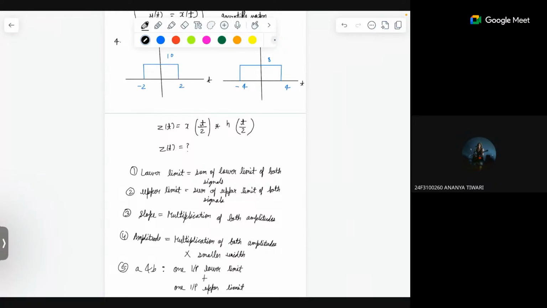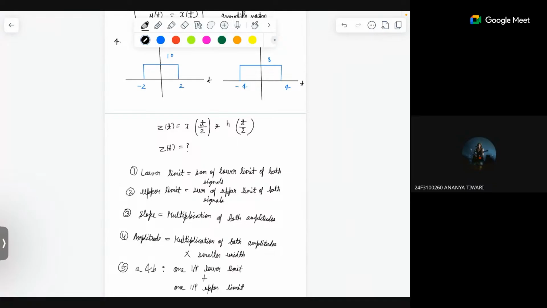For the second part, you have to tell me the number of discontinuities in z of t. It will be 2, right? No, it will not be 2. What exactly is a discontinuity? When there's a sharp change, like in u of t at t equal to 0, or in these rectangular pulses, like for x of t at minus 2 and h of t at minus 4, 4.